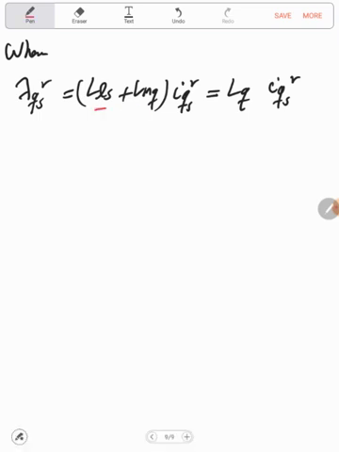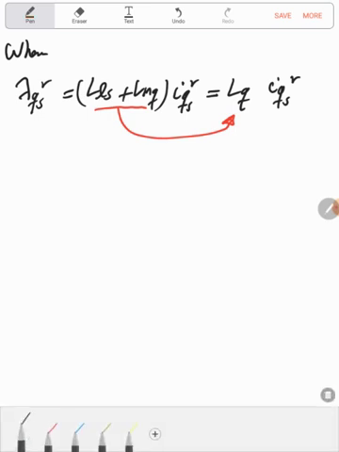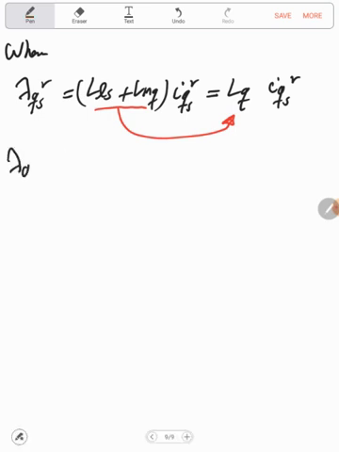So simply this actually is LQ, and lambda DSR will equal LD IDSR plus lambda m.